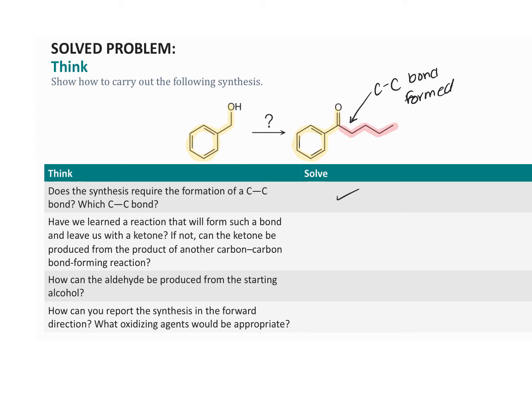So that's kind of how we could cut that. And so have we learned a reaction that will form a bond like this and leave us with a ketone? If not, can the ketone be produced from the product of another carbon-carbon bond forming reaction?